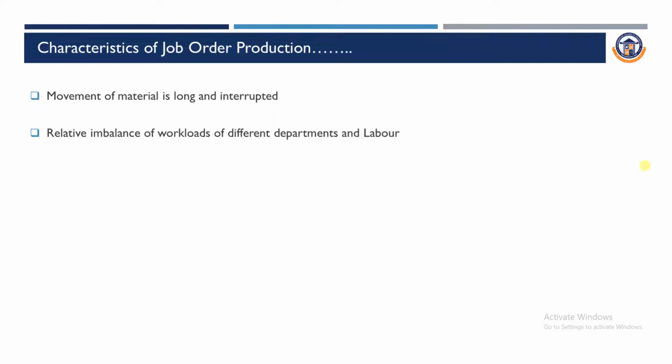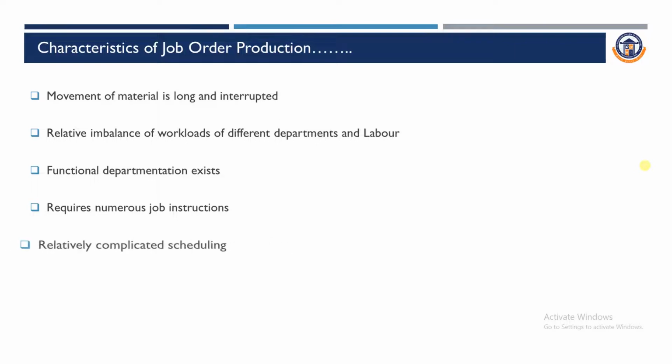There is always a relative imbalance of workloads of different departments and labor, and the functional departmentation exists in the system. The system requires numerous job instructions, and the job shop involves a relatively complicated scheduling system. So the modification in material handling is required.